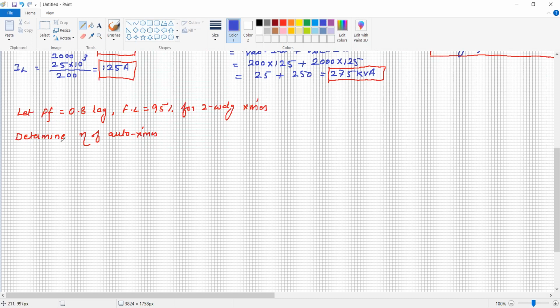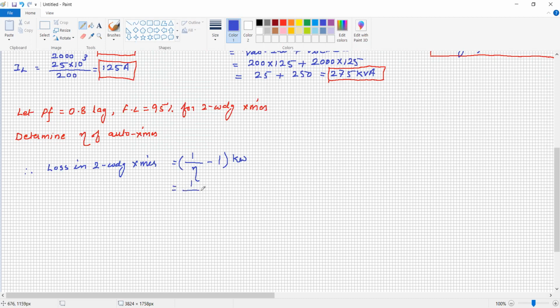Under such a condition, the losses in the two winding transformer are equal to, it is quite simple, 1 upon efficiency minus 1 into kilowatt. Kilowatt is nothing but the kVA multiplied by power factor.